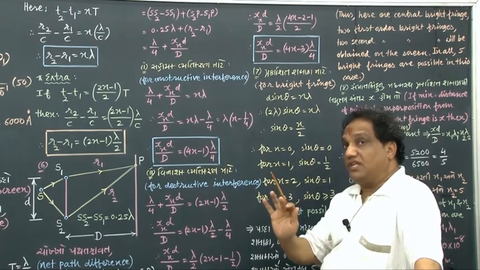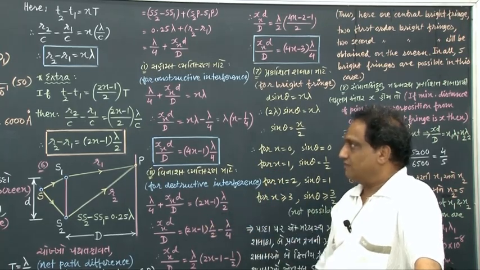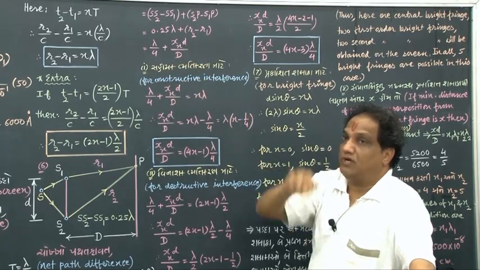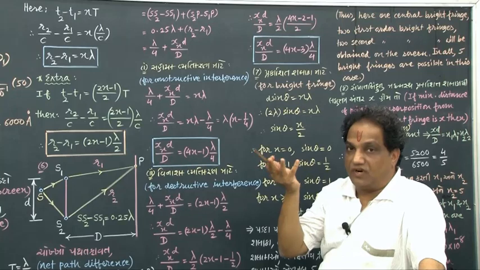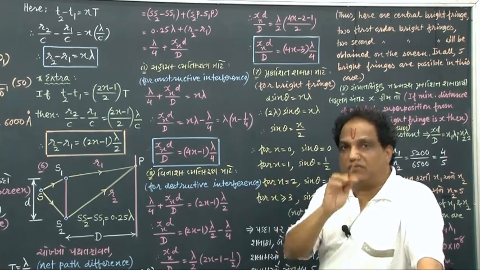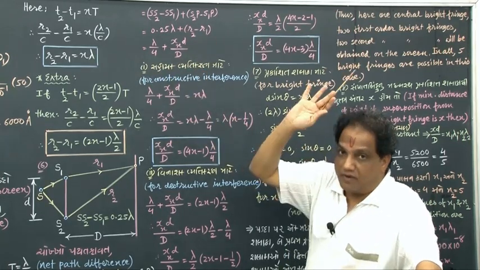Similarly, let us obtain the condition for destructive interference. For destructive interference, the same net path difference should be 2n minus 1 into lambda by 2. So just compare this with 2n minus 1 lambda by 2.